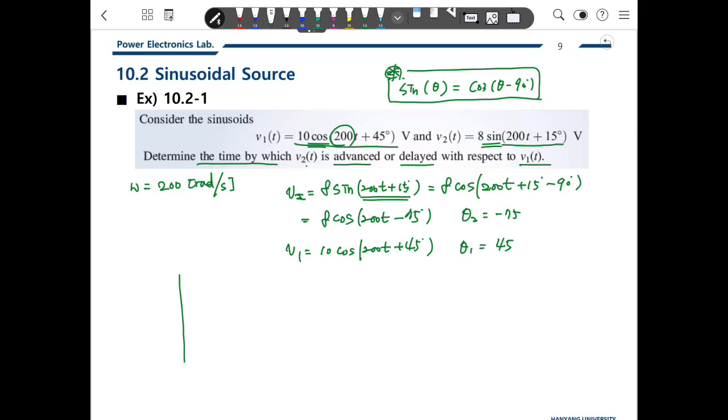So what's the meaning of here? Then what's the meaning of here? Because omega is 200 radian per second, so what's the frequency? Frequency is 200 divided by 2 pi.